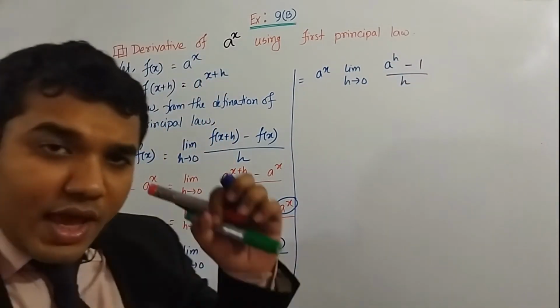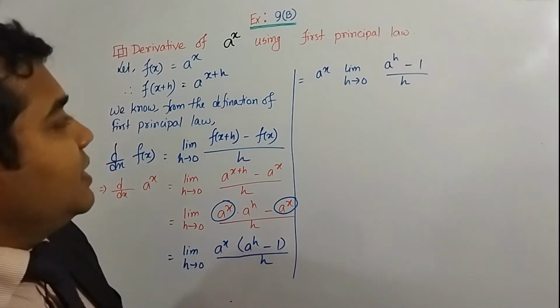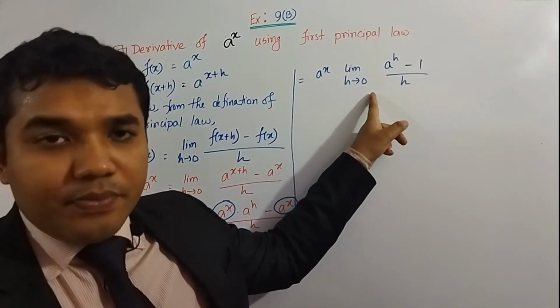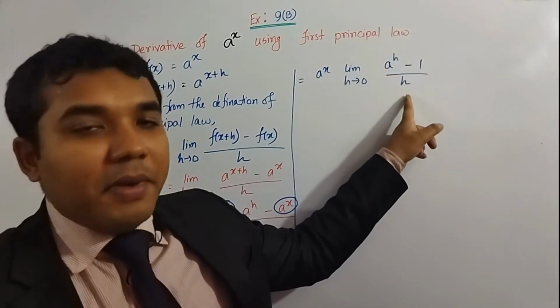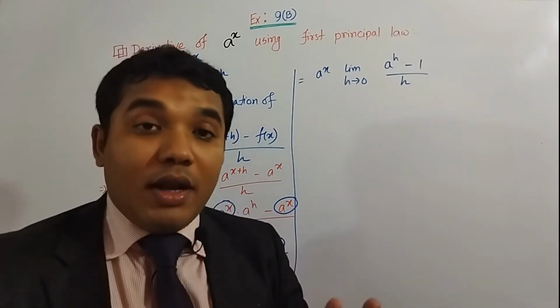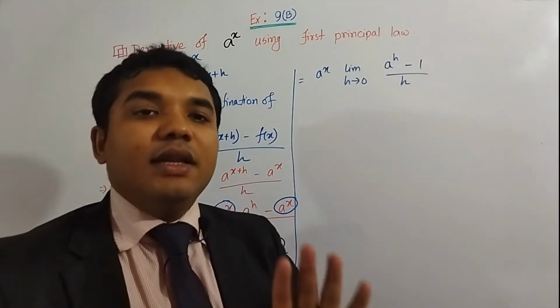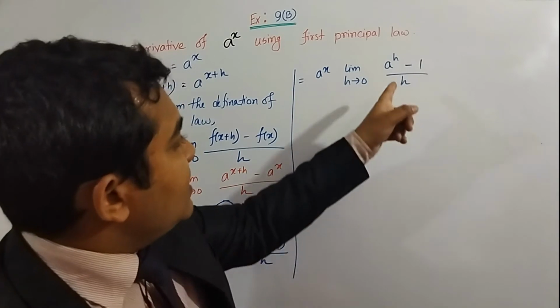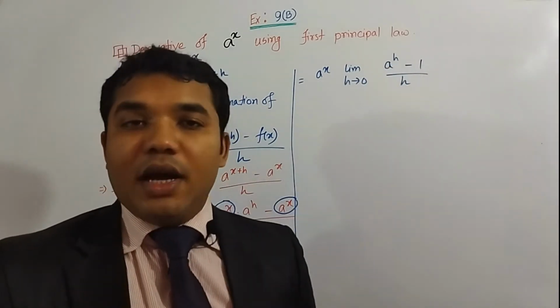Dear students, we know a formula, that is limit x tends to 0 of e to the power x minus 1 by x equals 1. If it was e, then that would be the perfect thing, but since here a is given, we can't use it directly.